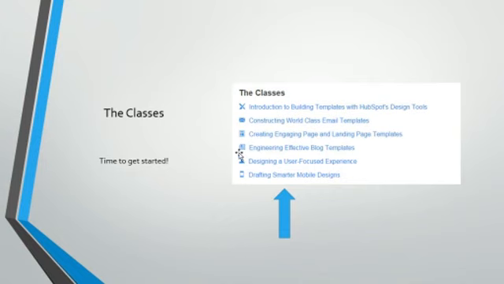The classes, as we go through, some people have told me it helps to watch the class first. Others say, no, I like going through our class to seeing what's happening and then looking at the class as a refresher. Other people said, you know what, I go through these classes, I go back to these classes, and each time I get something different out of each one of those.